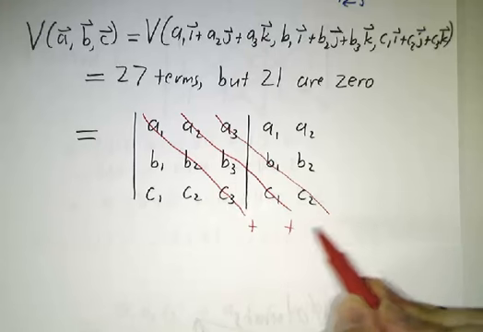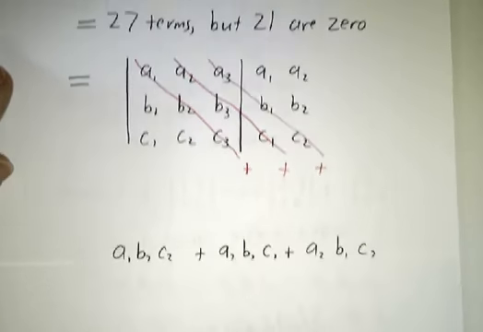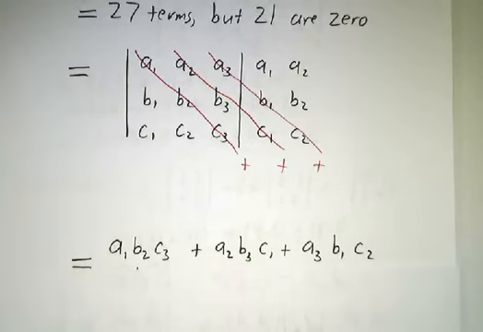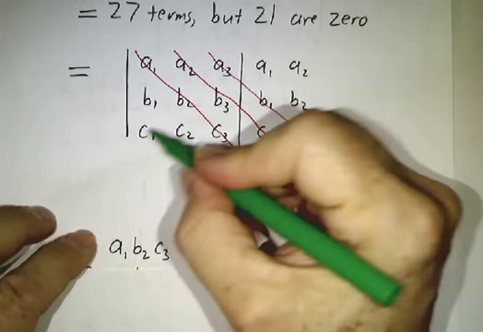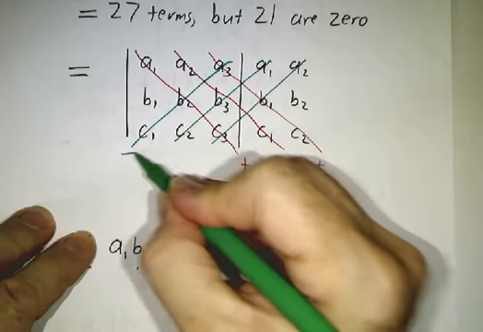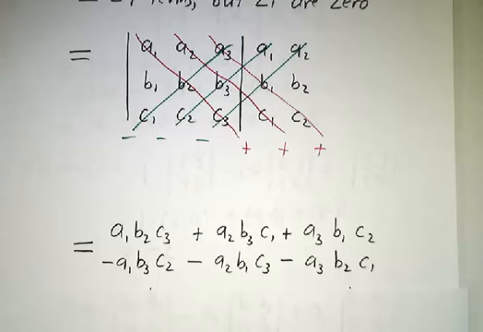So these terms are positive: A1, B2, C3, A2, B3, C1, A3, B1, C2. And these terms are negative. Those are the 6 terms that contribute.